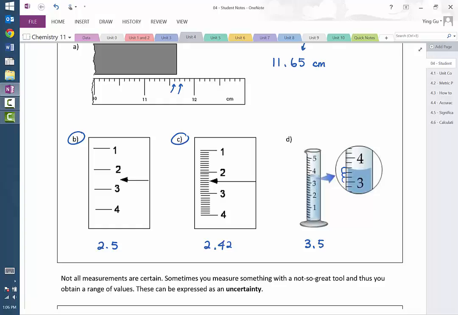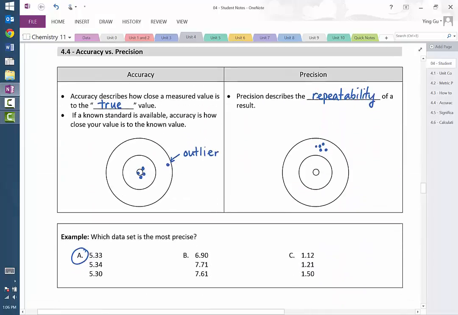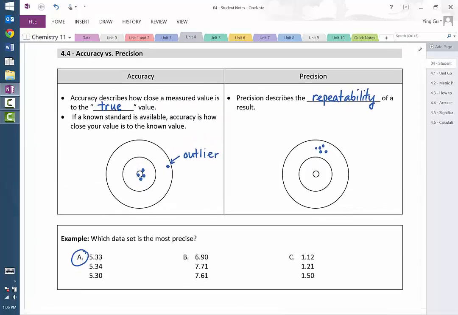They're going to be closer, because they will only differ by 0.01, versus in ruler B, they will differ by 0.1. Okay? And that concludes the discussion on accuracy and precision.